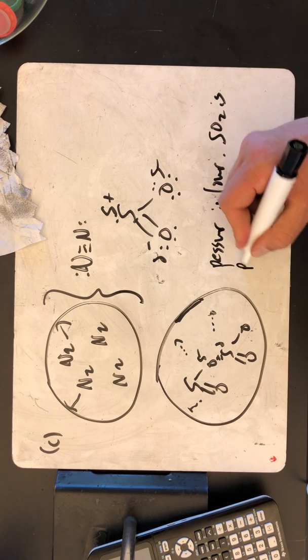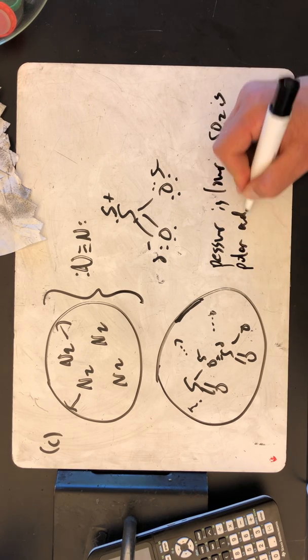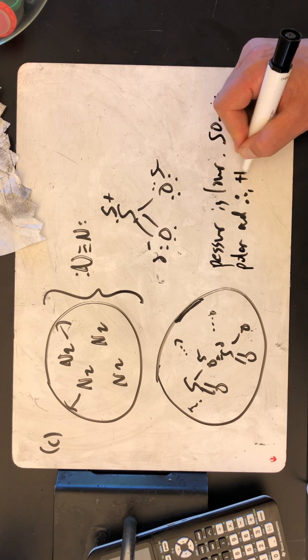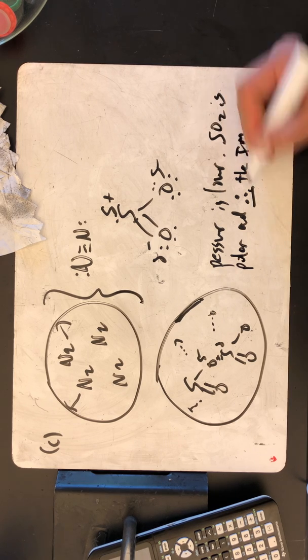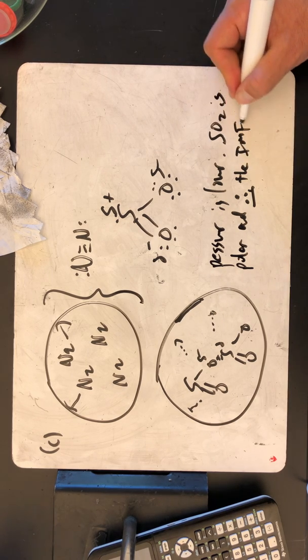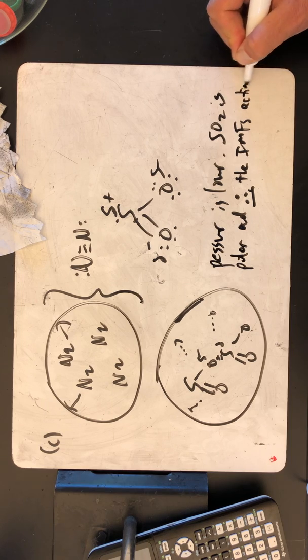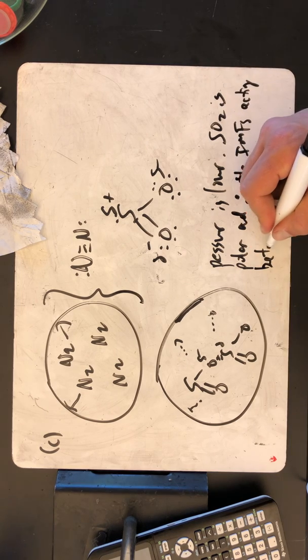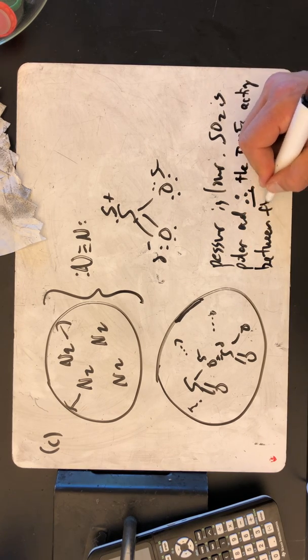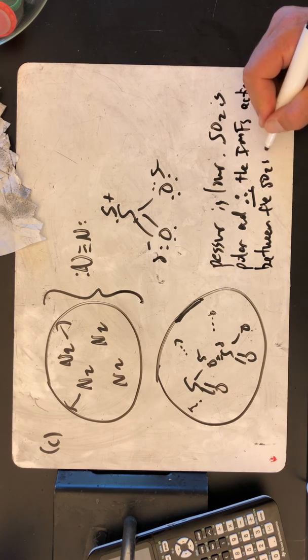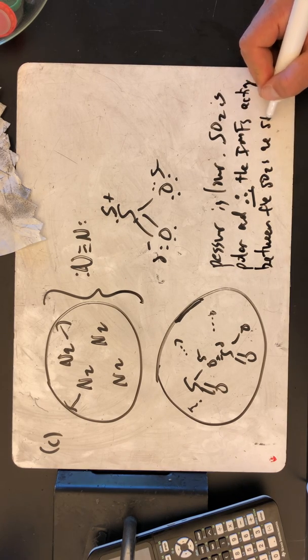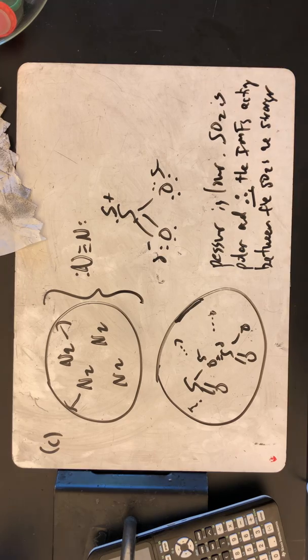SO2 is polar, and therefore the IMFs acting between the SO2s are stronger, and they expand less.